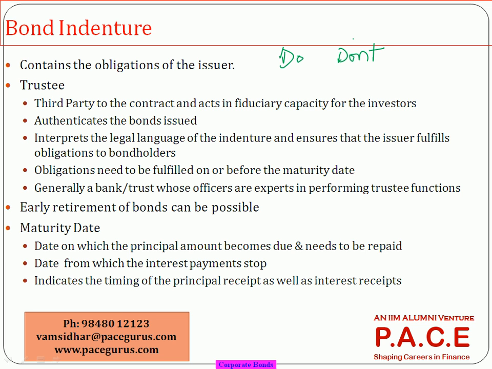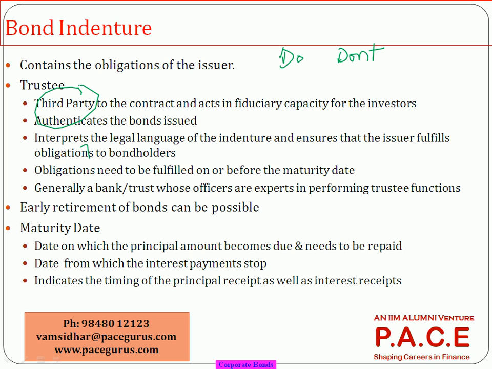To make sure that the bond will fulfill its obligations, a trustee is maintained for every bond issue. A trustee comes into the picture. It's a third party to the contract, not a member of the company or a CEO of the company. It's a third party with a lot of reputation for acting in these kinds of roles.